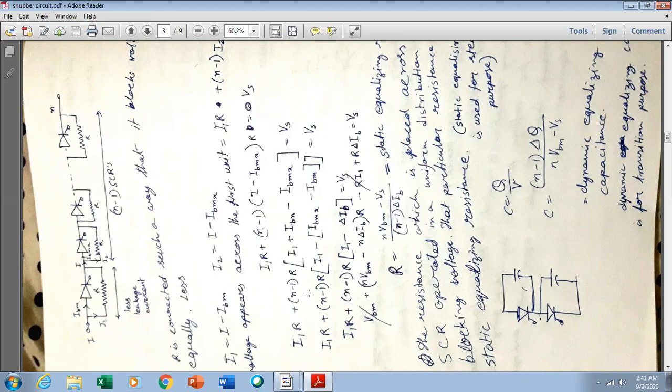So the voltage across the first unit will be I1R plus n minus 1 into I2 into R, that is equal to Vs. So I1R plus n minus 1 into I2, with I2 equal to I minus IBMX, into R, equal to Vs.